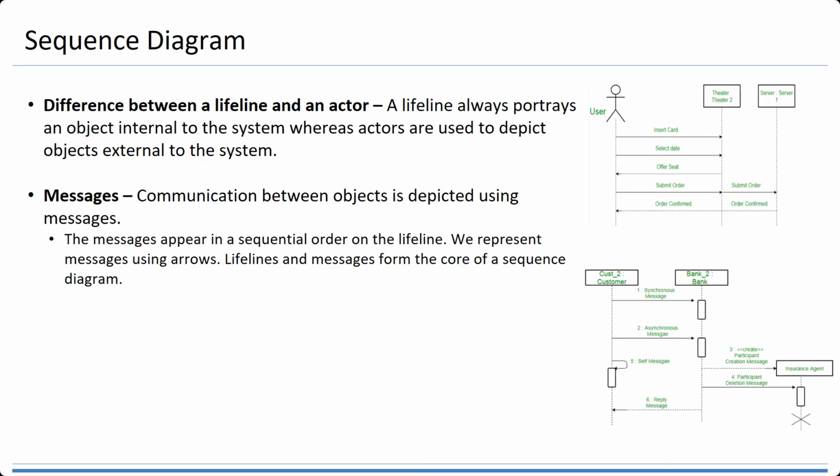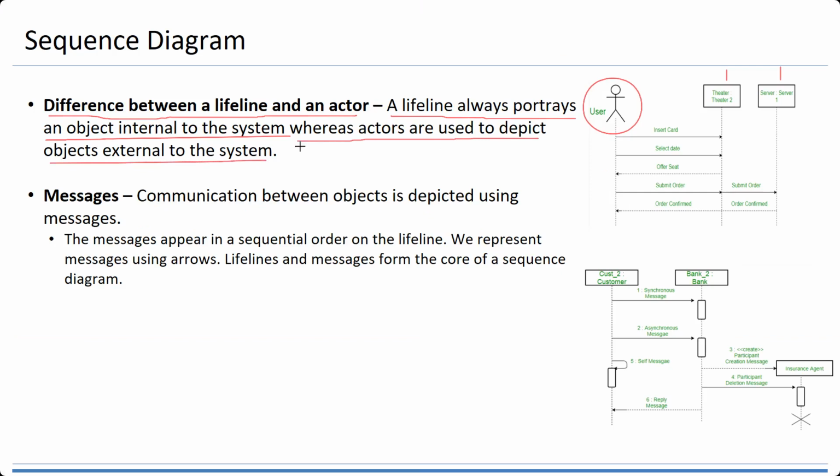Now, if you look at the right section, we have an actor and we have a lifeline. So the difference between a lifeline and an actor, you can see this is an actor, this is the lifeline. A lifeline always portrays an object internal to the system, whereas the actors are used to depict the object external to the system.